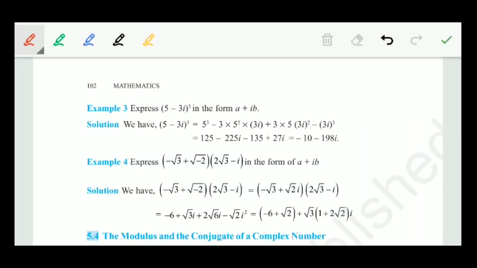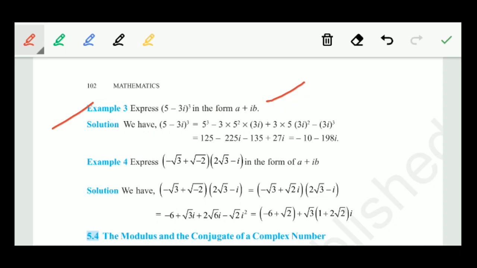Now students, you can see the third example. Here we can express 5 minus 3 iota whole cube in the form of a plus iota b. So here you will use this identity: a minus b whole cube, which is equal to a cube minus b cube minus 3a square b plus 3a b square.